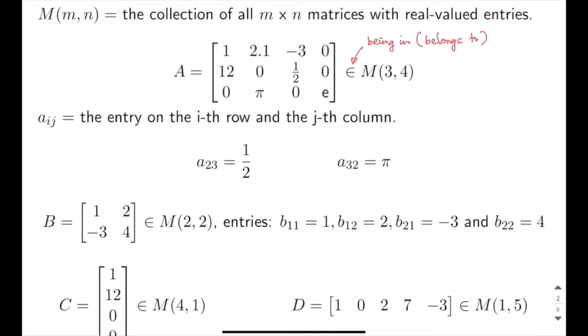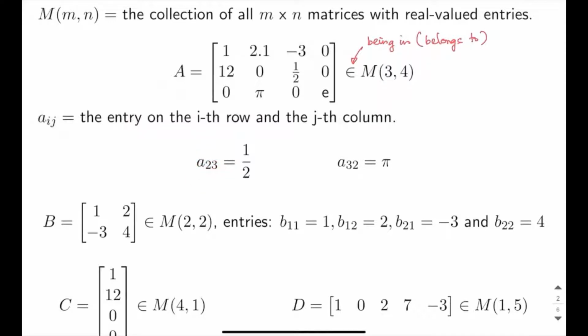So you can see this is pi, about 3.14, and this is e, about 2.71828. All right, we use the notation little aij to denote the entry on the ith row and the jth column of the matrix A. So for example, for this matrix, little a23 stands for the entry on the second row and the third column.